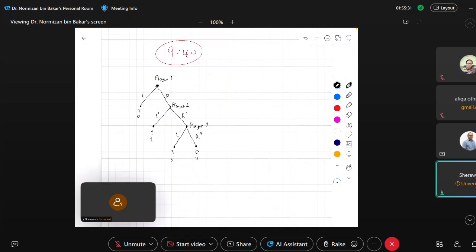So player 2 chooses R1. R prime. Okay. The payoff 3, 0. Okay, so that is your answer. Thank you, Sharawali. I don't say whether your answer is right or wrong.